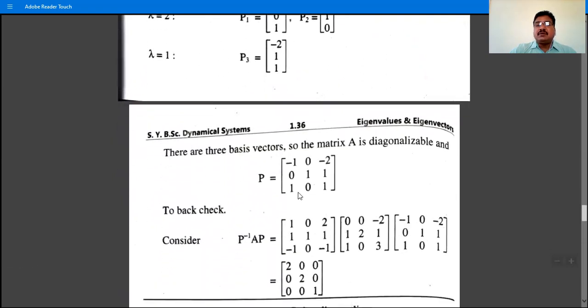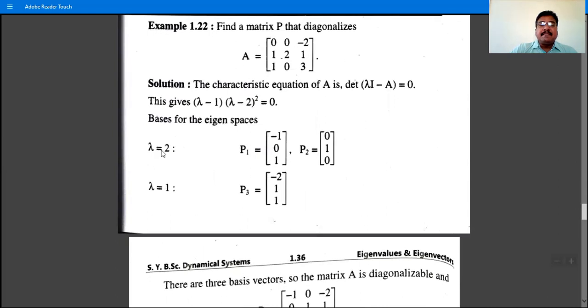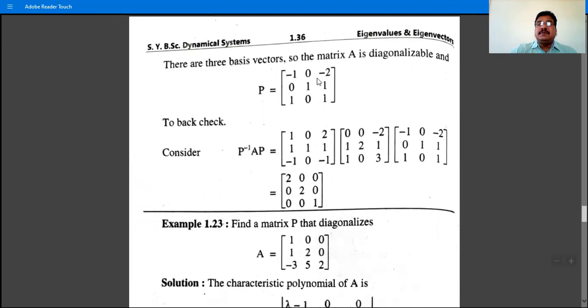The first and second columns of P correspond to 2 and 2, and the third column of P corresponds to 1. If your sequence is 1 and then 2, 2, then arrange the columns accordingly, and write 1, 2, 2 on the diagonal. So this depends on the sequence.